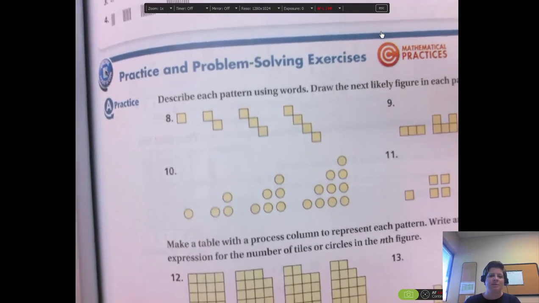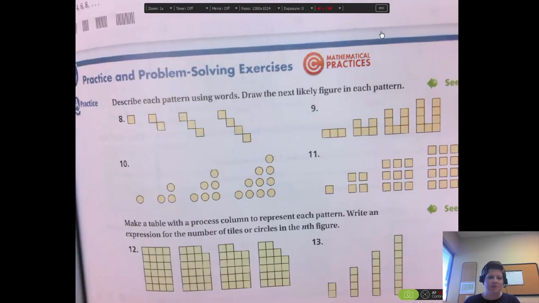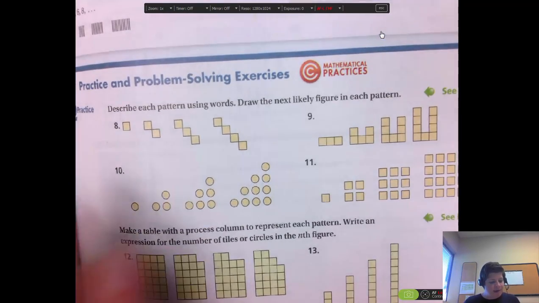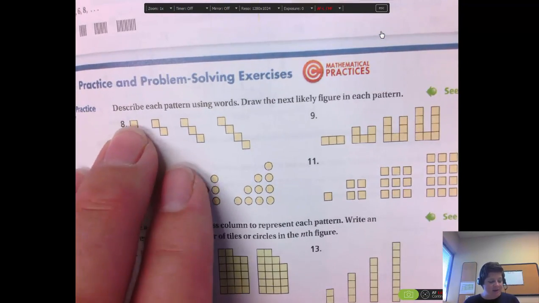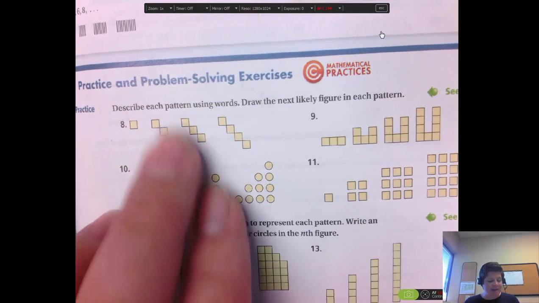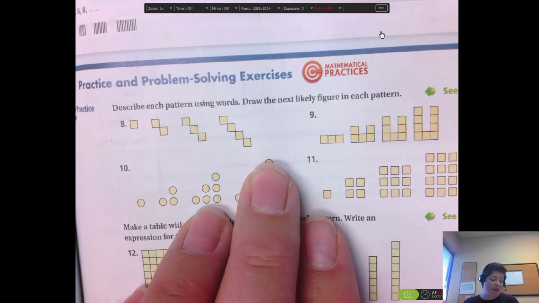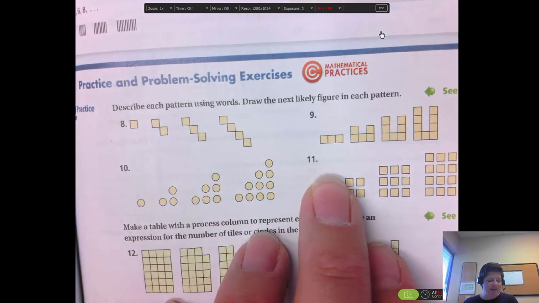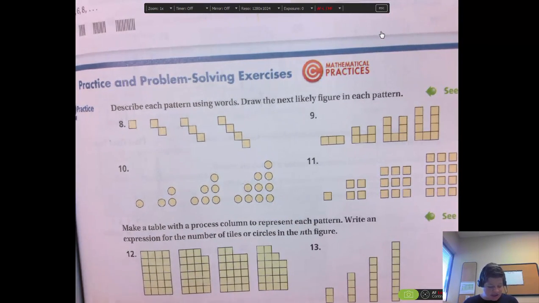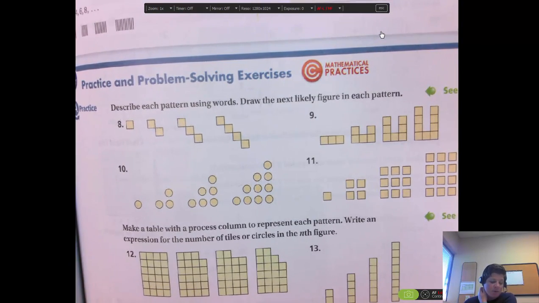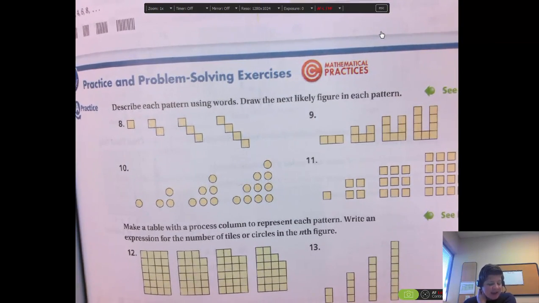It looks like a video on your phone. So we have a little box, and then it goes two boxes down in a diagonal, then three, then four. What would be the next thing? Well, it would be five, right? So you're adding a box each time to that pattern. So you would describe that some way with words and or draw them.